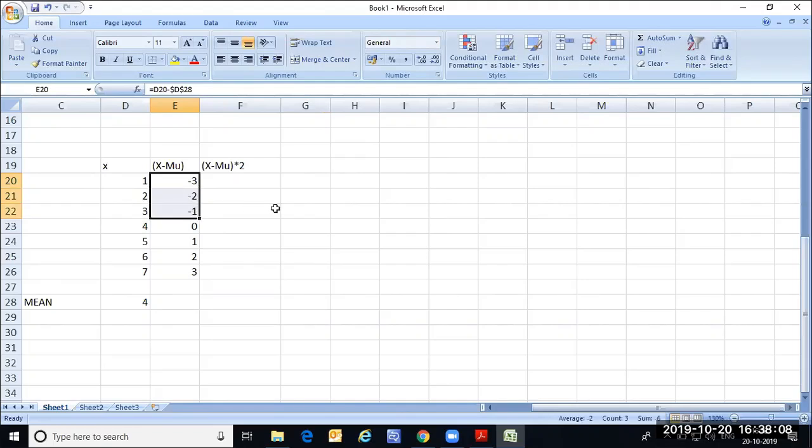So the difference can be negative. The difference from the first data point towards its mean, we got minus 3. The second data point minus 2, minus 1. Since the distance cannot be negative, we need to square it.